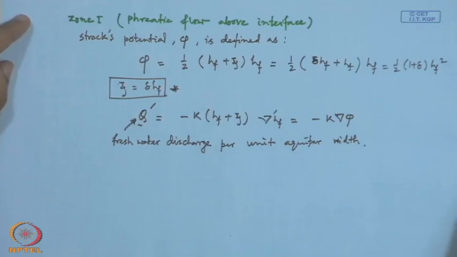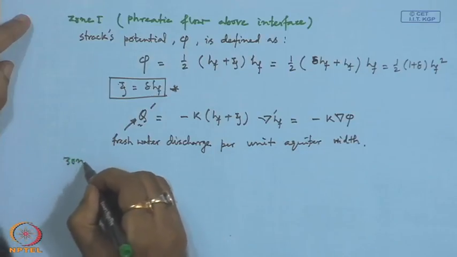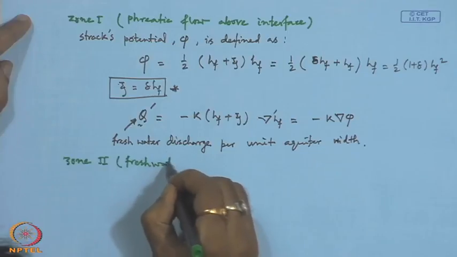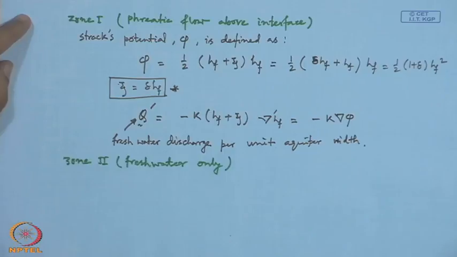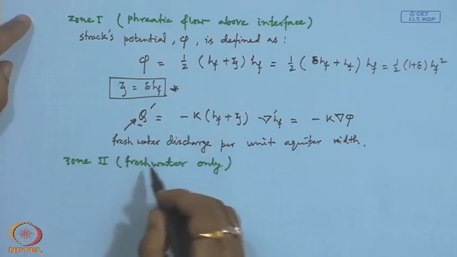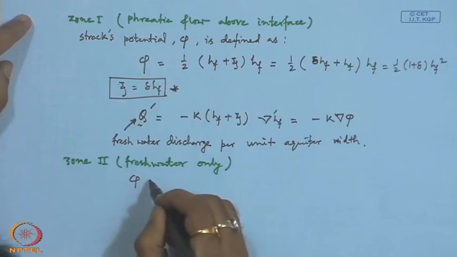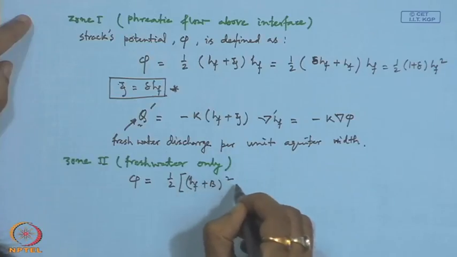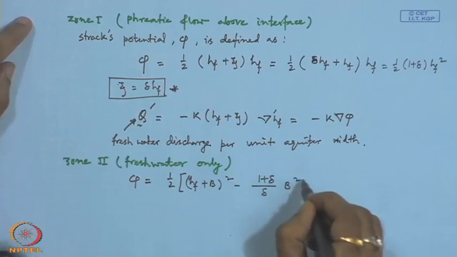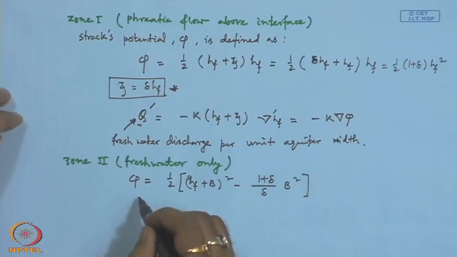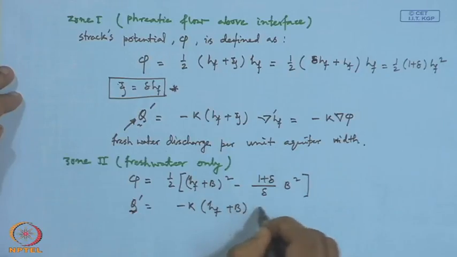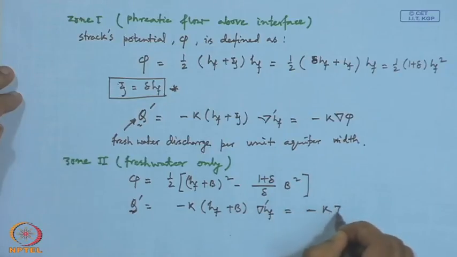In case of zone 2, which is freshwater only, we can define Strack's potential as phi equals half HF plus B square, 1 minus delta by delta B square, and again we can define our flux as q prime equals minus k, HF plus B prime HF, minus k phi.